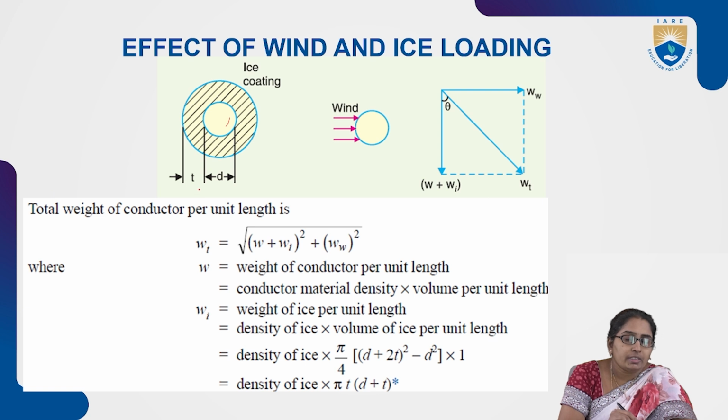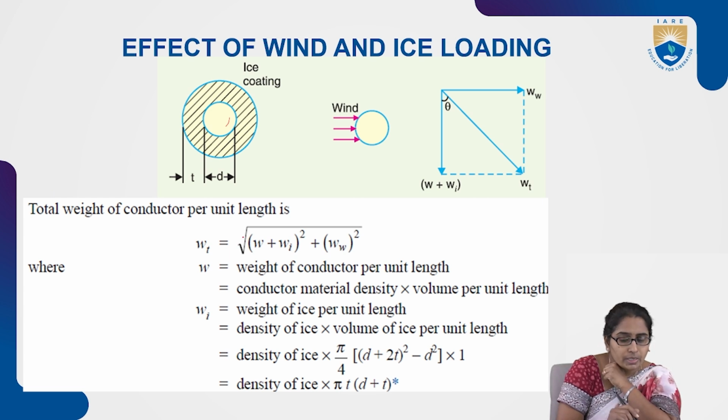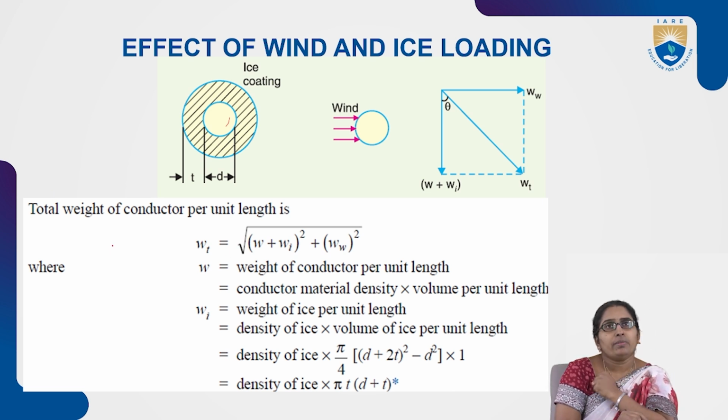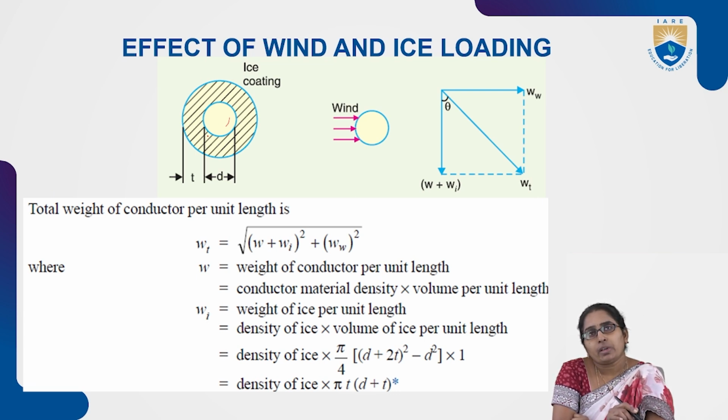Here that is defined as small t, the thickness of the ice coating. Small d is the diameter of the conductor. Now see that the total weight, because of the ice coating, is called ice loading. The conductor weight is increased now, right?